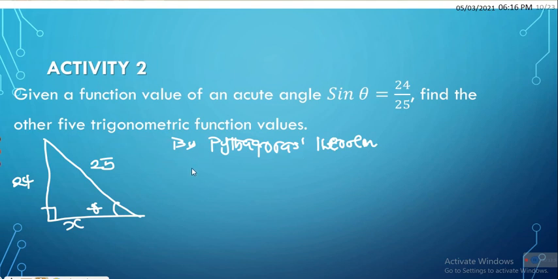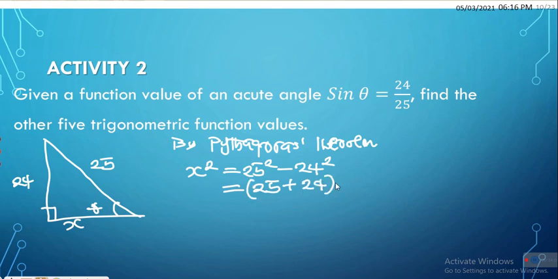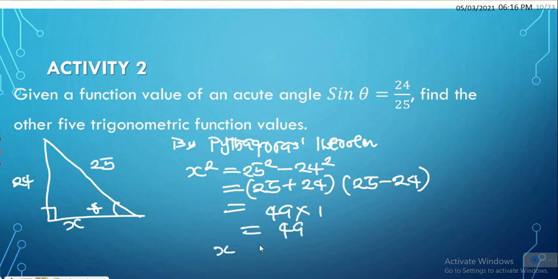By Pythagoras theorem, x squared equals 25 squared minus 24 squared. Applying the difference of two squares, that will be 25 plus 24 multiplied by 25 minus 24, which is 49 multiplied by 1, which is 49. Taking the square root of both sides, x equals the square root of 49, which is 7.